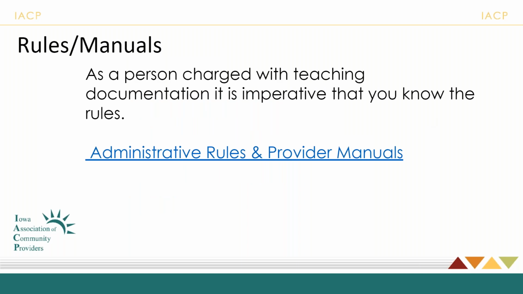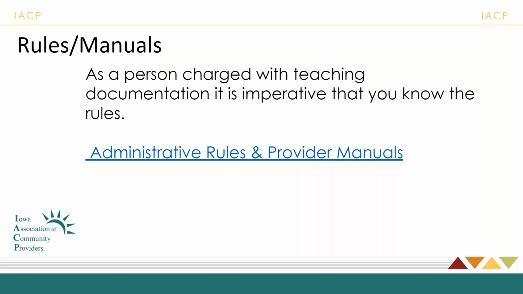One of the really important things for you to have a good handle on and understanding of is the administrative rules, which are both found in the Iowa Administrative Code and the provider manuals. In the Iowa Administrative Code, you're going to concentrate on chapters 77, 78, 79, and 83.